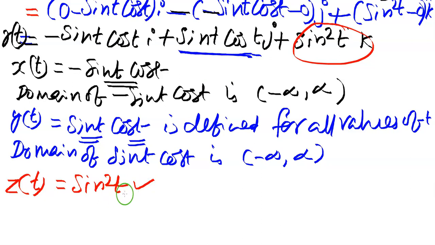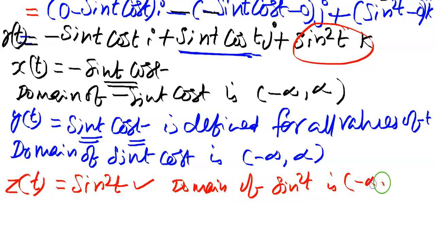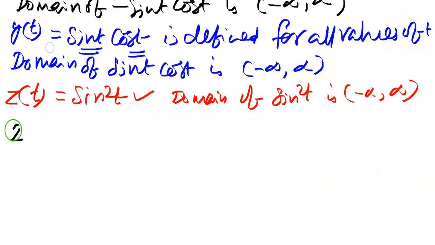Sin t is defined for all values of t. Therefore, sin square t is also defined for all values of t. Therefore, the domain of sin square t is minus infinity to infinity.